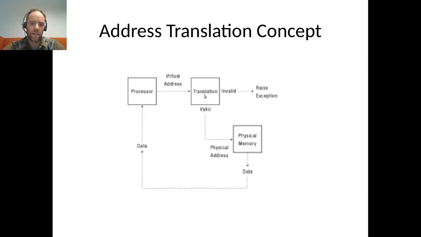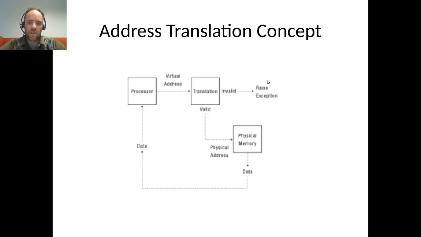We can see here that, for example, an invalid address would raise a CPU exception. Now, when is an address invalid? Well, an address could be invalid if we, for example, try to access address 0, or some other address that is not currently mapped into our process address space.